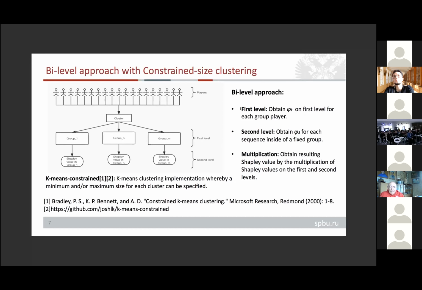The first level is the group level, where we obtain phi-t to get the contribution of each group. In the second level, we enter the groups to obtain the players inside them. And in the third step, we multiply the phi-t and the phi-s, on both the group level and the player level, so that we finally obtain the Shapley value for each feature in the game.